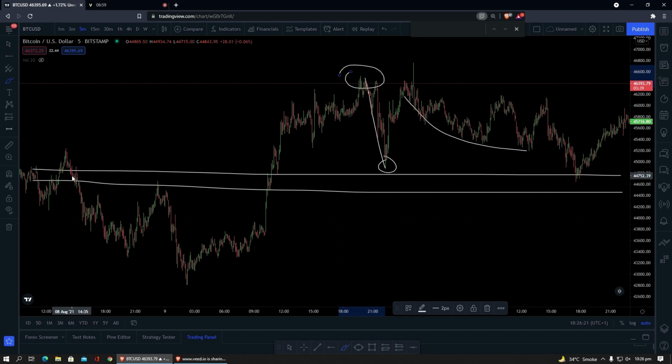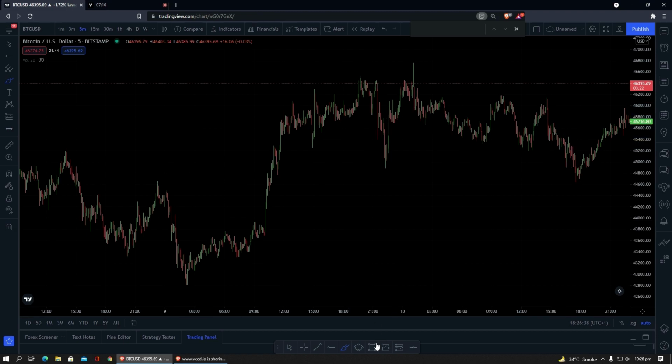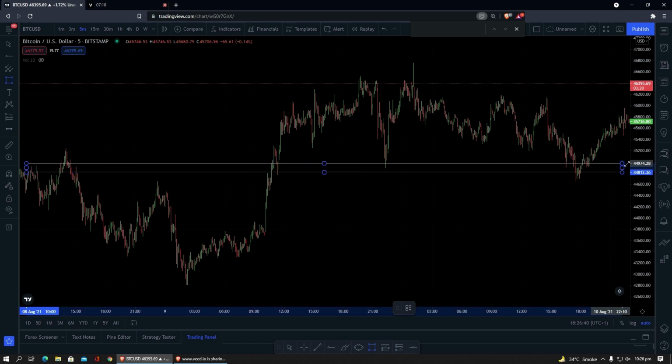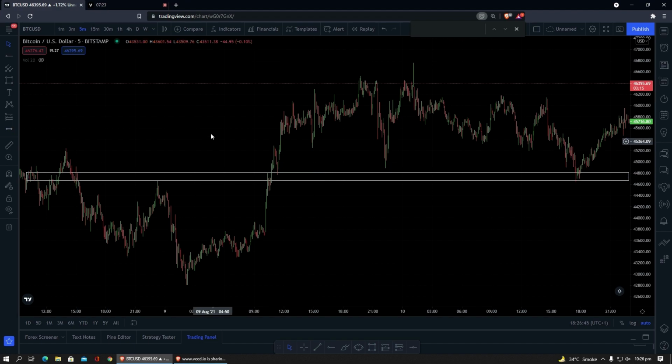Just to be clear, there should be two swings, the first swing here and the second swing here. And between the first and the second swing, there should be a lot of struggle from the sellers, as we have here. So whenever we reach the level of the breakout area, I get ready to take an entry.